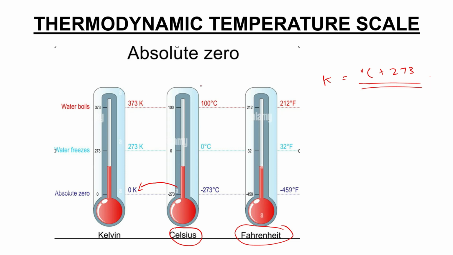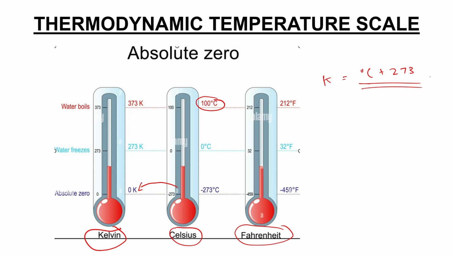So the boiling point in the Celsius scale is 100 degrees Celsius. So plus 273 is equal to 373. The correct value is 273.15, but usually we take only 273. So water boils at 373 Kelvin. So this is the new scale that we use, the absolute scale or the Kelvin scale.